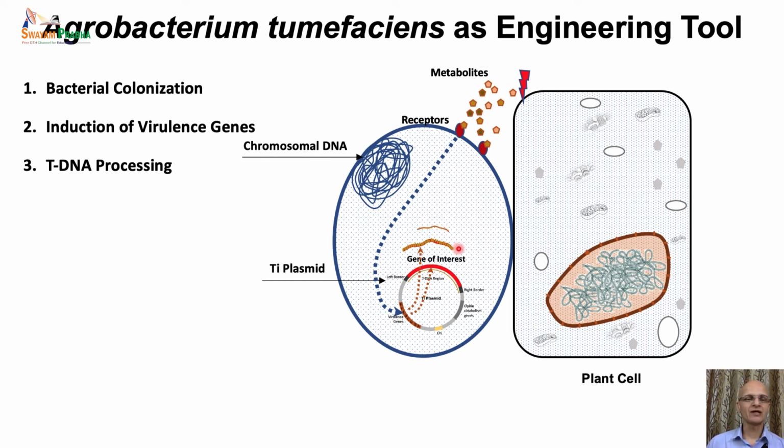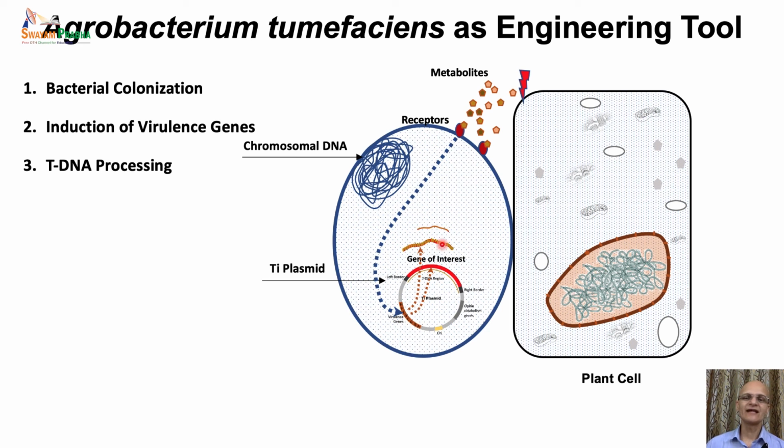This coating of the DNA certainly protects the single-stranded DNA from the nucleases. In addition, it packages the T-DNA into a very small complex, which makes the transfer of the T-DNA complex to the plant cell easy through the communication channel formed between the two cells.